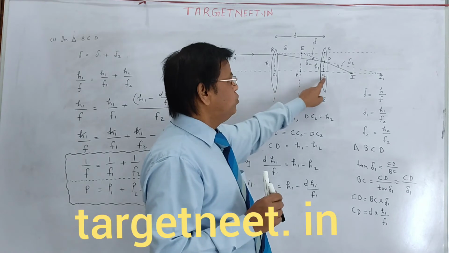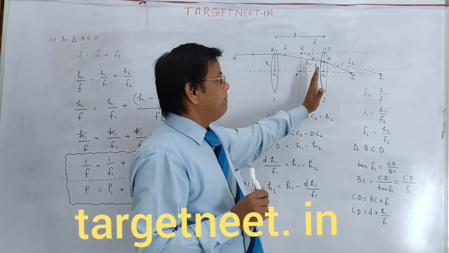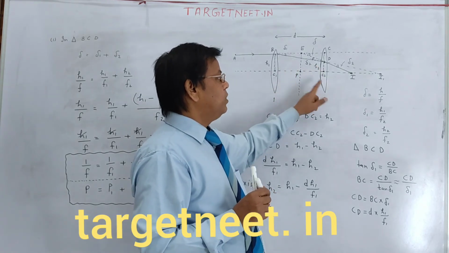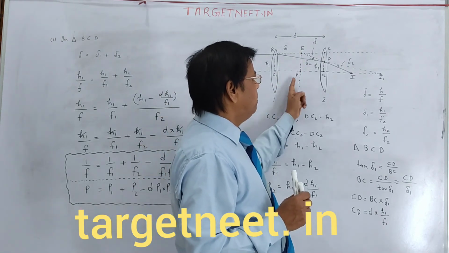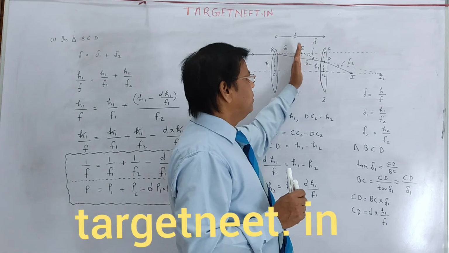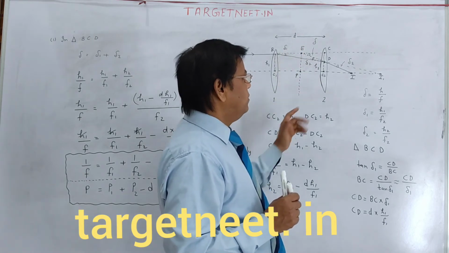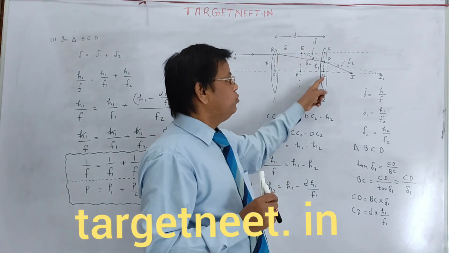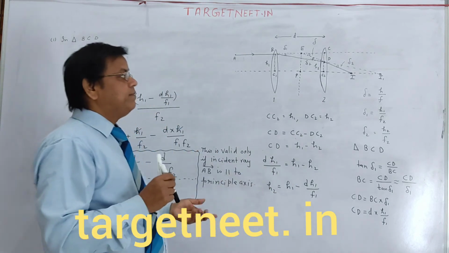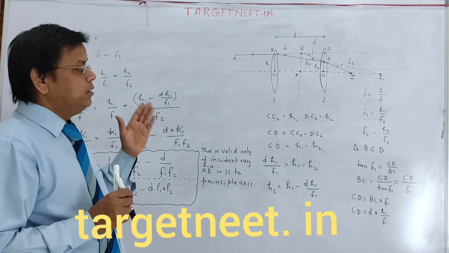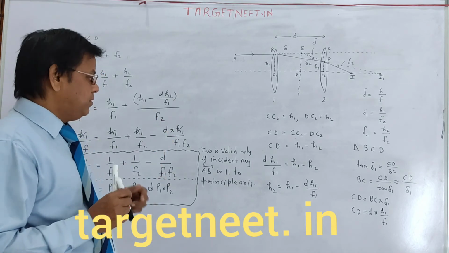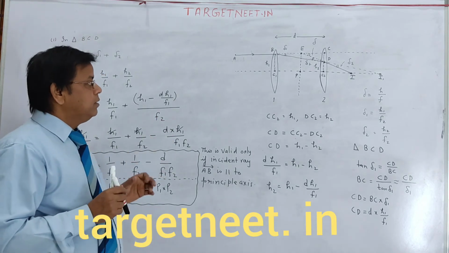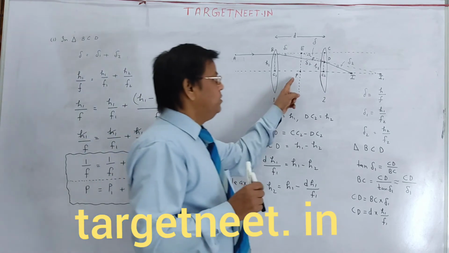So the equivalent lens should be kept PC2 distance before the second lens. And suppose you calculate PC2 distance and it comes negative, it means that the equivalent lens should be kept right of the second lens by the same distance. So remember this. You can calculate PC2.